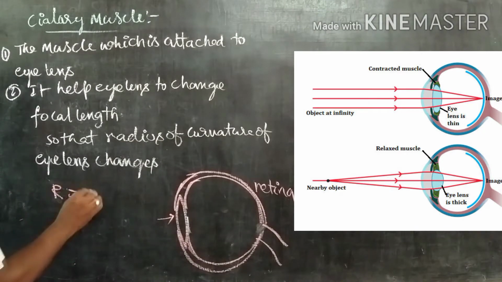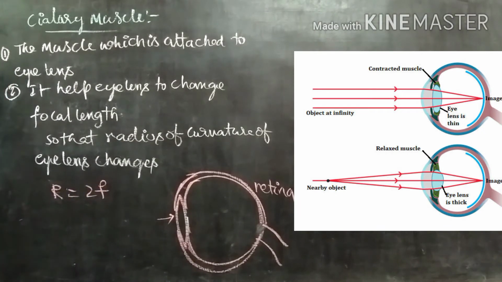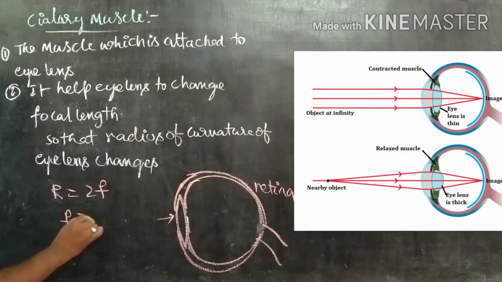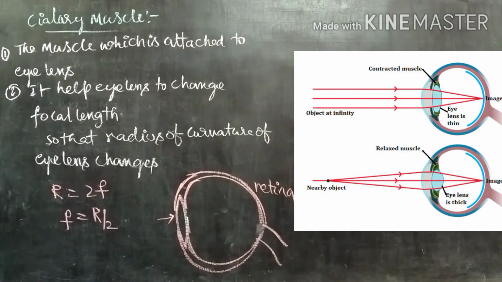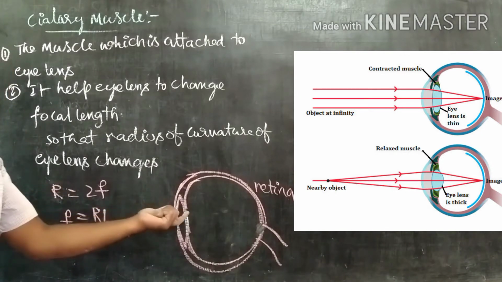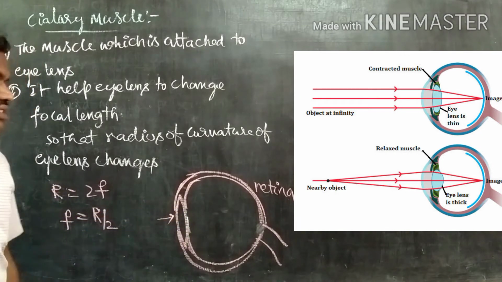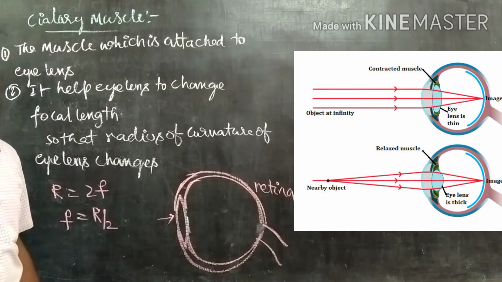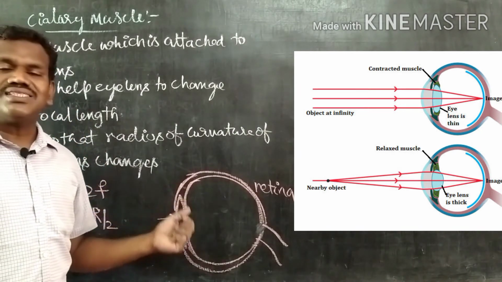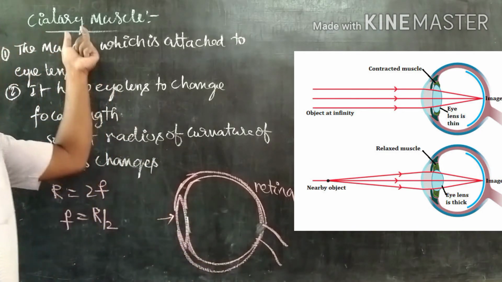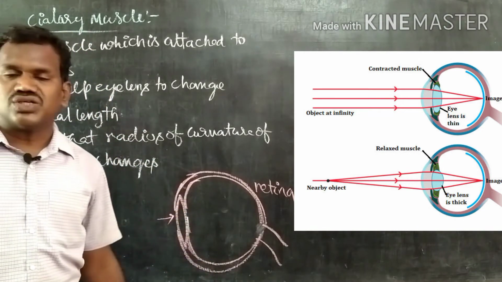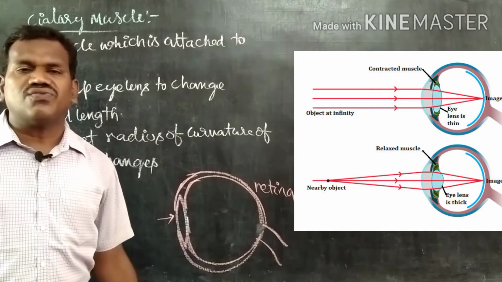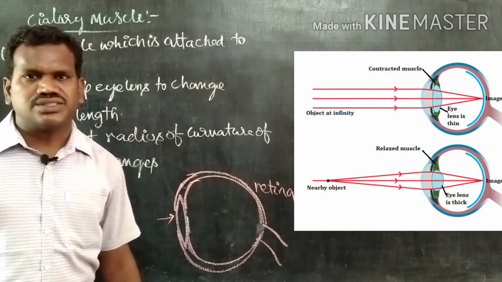Because the radius of curvature is R = 2f, or otherwise the focal length is f = R/2. Let us discuss the functioning of the ciliary muscles and the eye lens while changing the focal length of the eye lens.